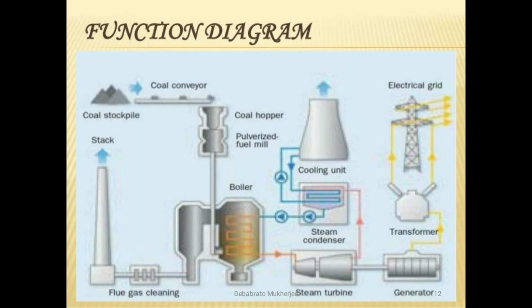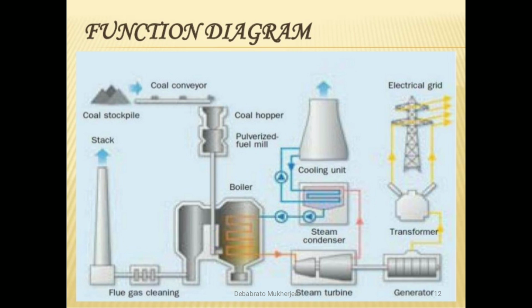Functional diagram. Here you can see there is a boiler, a pulverizer mill, and coal. From the coal, through the conveyor belt, it goes into the coal hopper, pulverizing is done, then it is fed to the furnace.